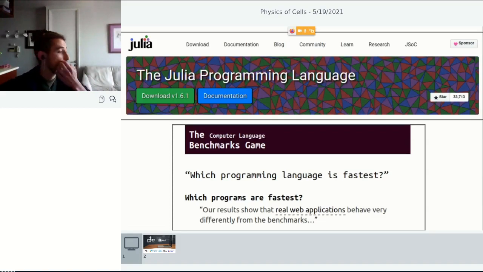It runs as fast as C, as Fortran, as C#, and if you like to look at benchmarks, there's the Computer Language Benchmarks Game, where you enter this web page and you can test several languages against Julia, and you can see that Julia can beat Java.